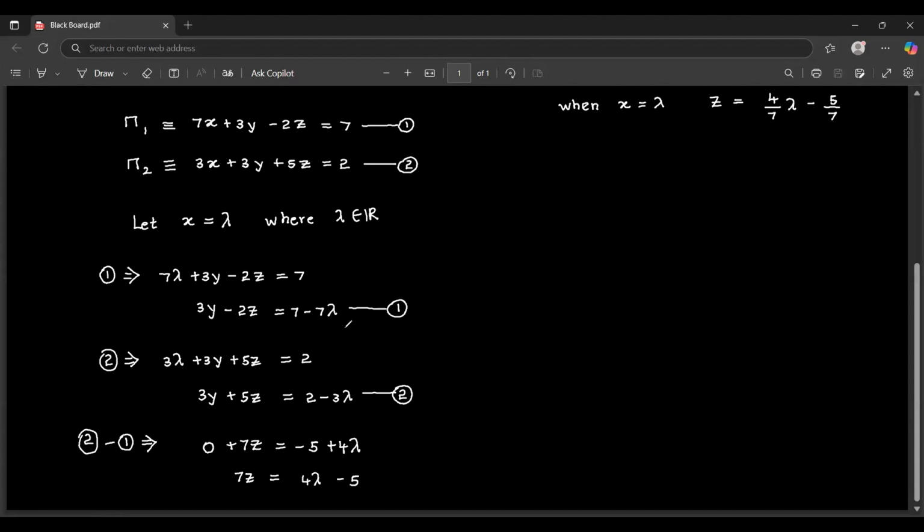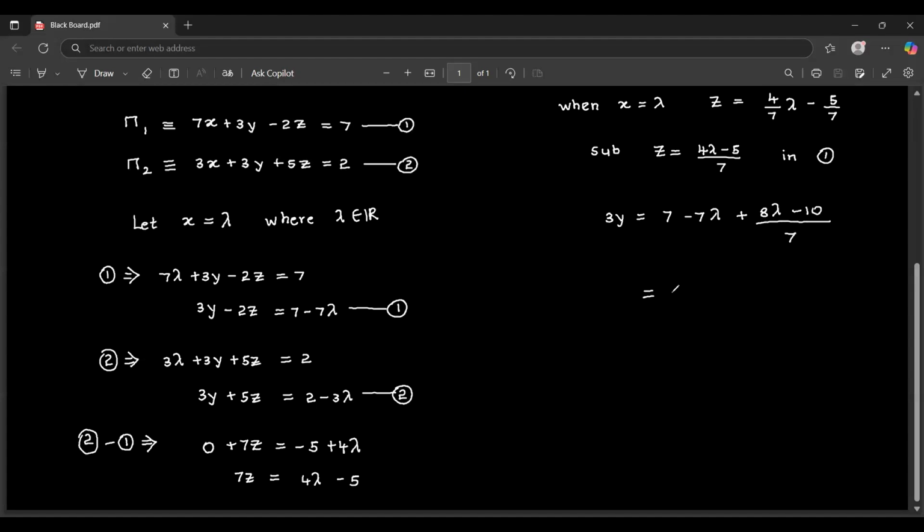Fine. Now let's substitute z equals 4 lambda minus 5 over 7 into the first equation, because the 2z will go to the other side. So 3y equals 7 minus 7 lambda, and since it comes to this side, plus 2 into 4 lambda, which is 8 lambda, and 5 into 2 gives minus 10 over 7.